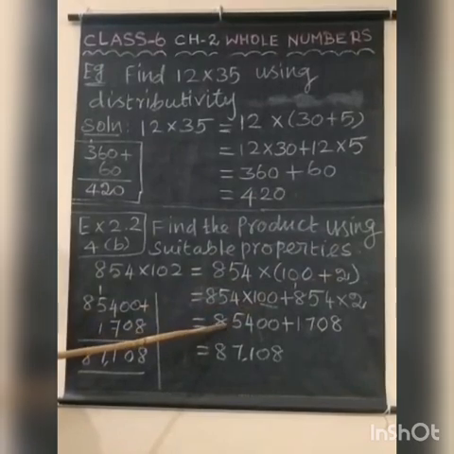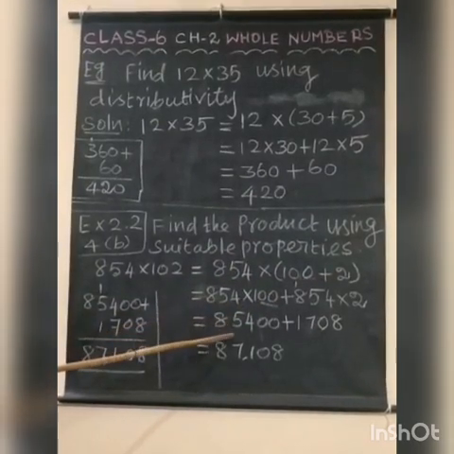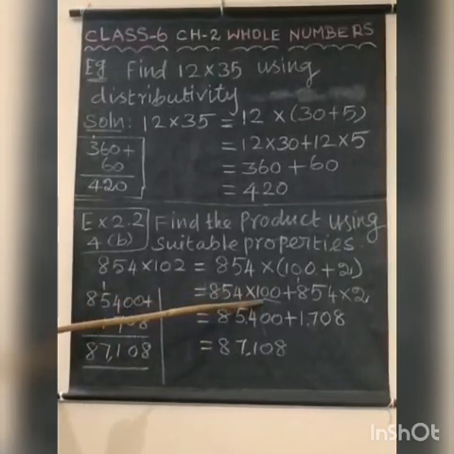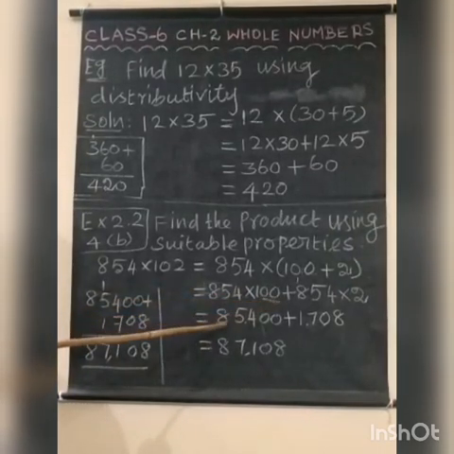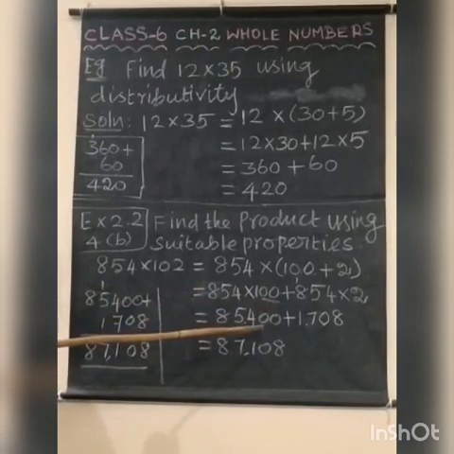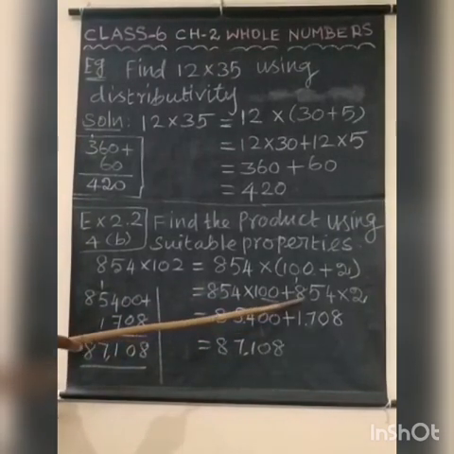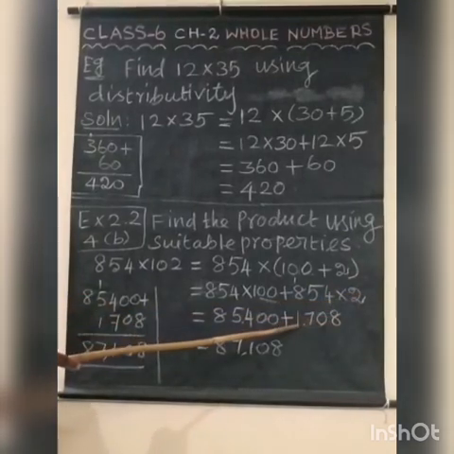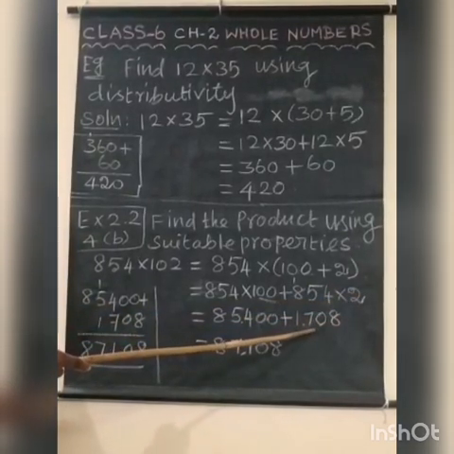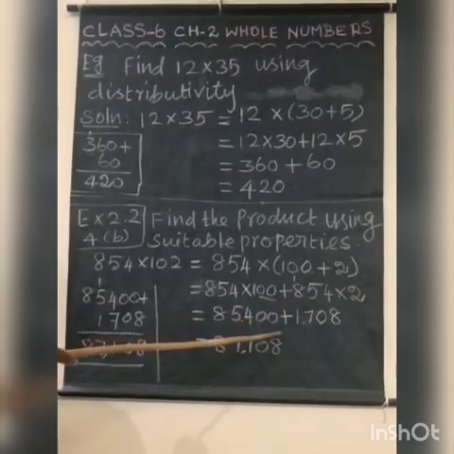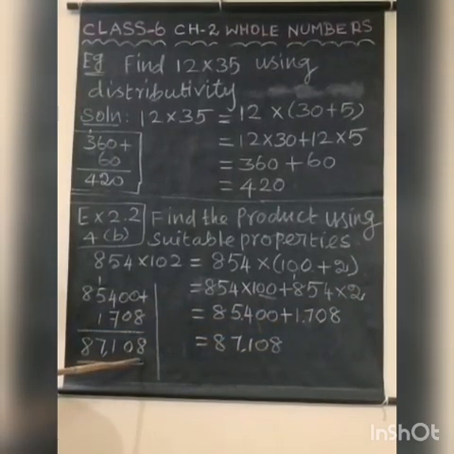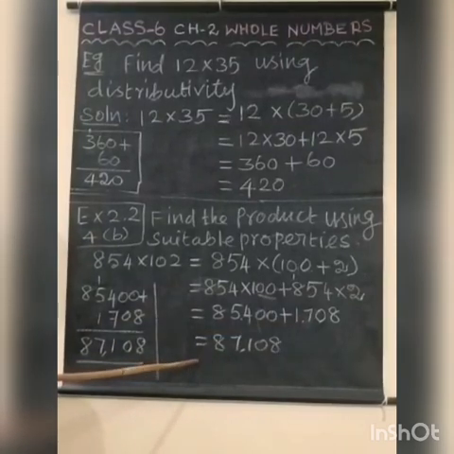We get an answer. 854 into 100, we get the answer 85,400. Okay. Then 854 into 2, we get the answer 1,708. And then add these two numbers. We get the answer 87,108.